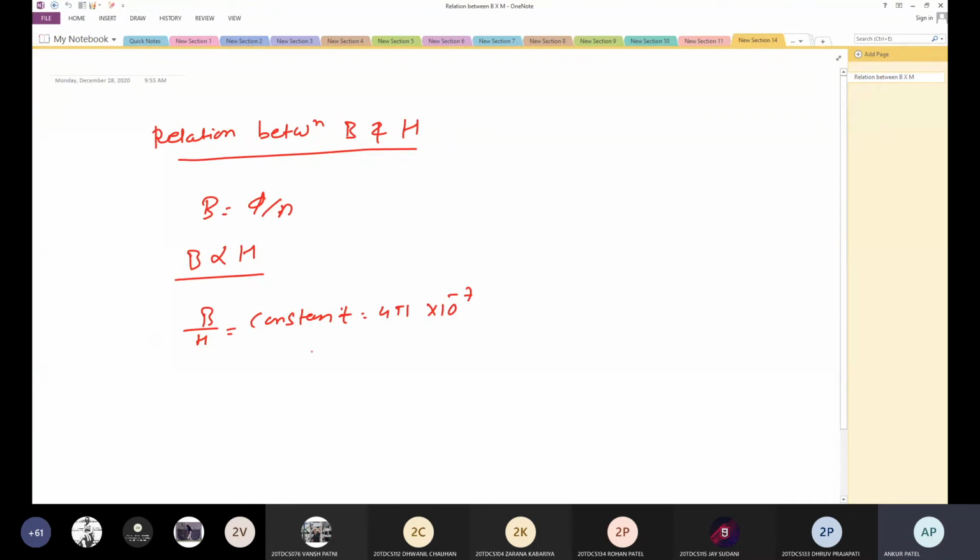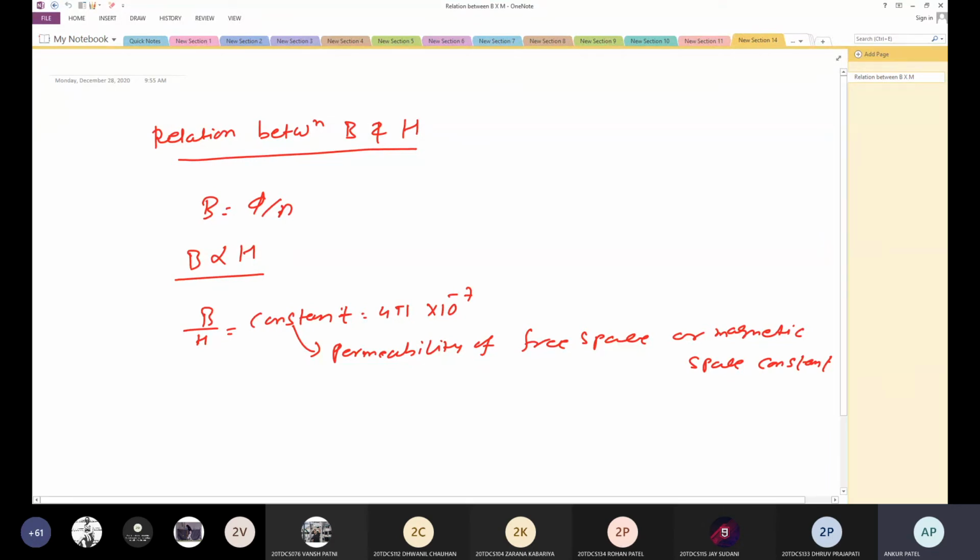This constant is called the permeability of free space, or magnetic space constant, and it is denoted by mu 0.